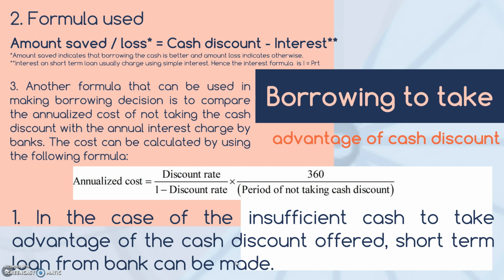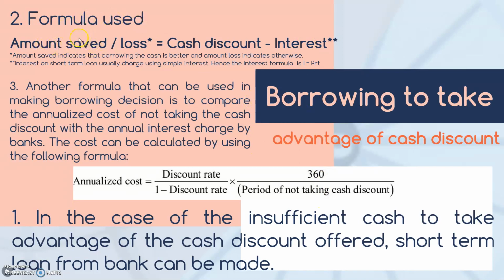So this is the formula used to calculate whether you should or should not borrow. Basically, look at the cash discount that you get minus the interest being charged by the bank.